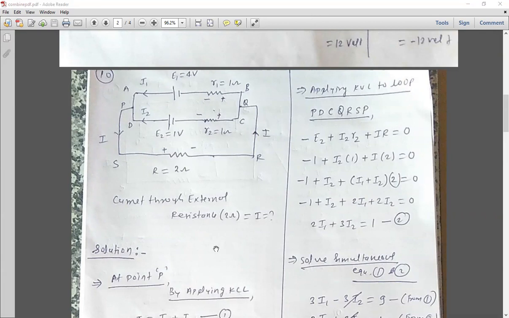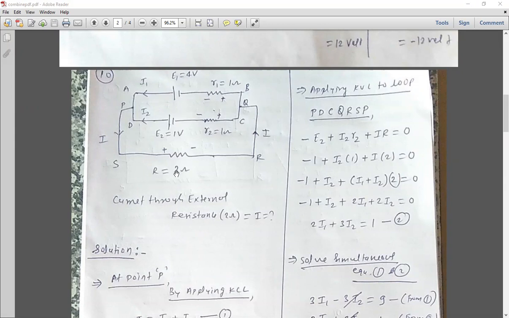So this is the solution for that question. I can read the question again for you. There is one battery of EMF 4 volt with internal resistance 1 ohm, connected in parallel with another battery of EMF 1 volt and internal resistance 1 ohm. Both batteries are connected with the same poles on the same side, and both send current through an external resistance of 2 ohm.